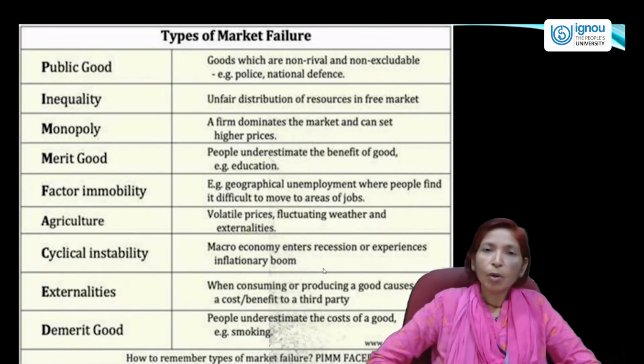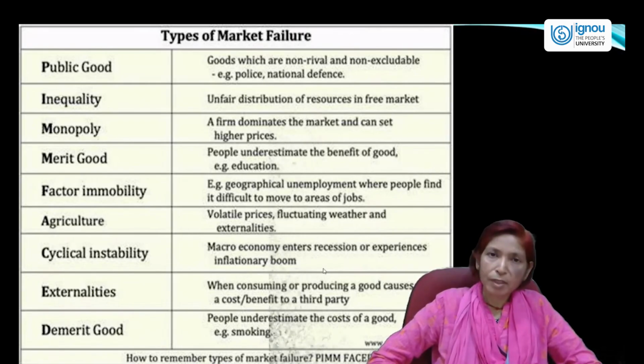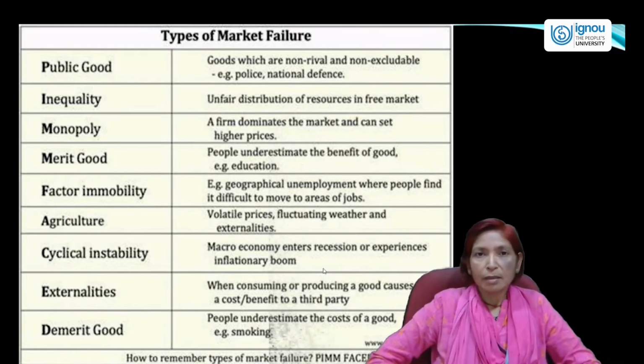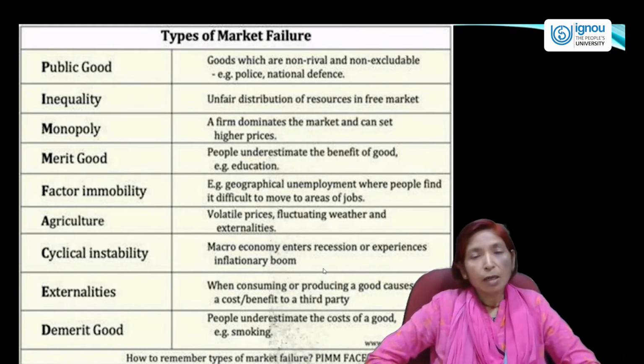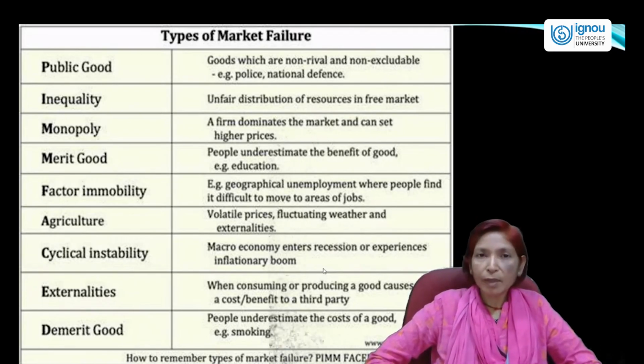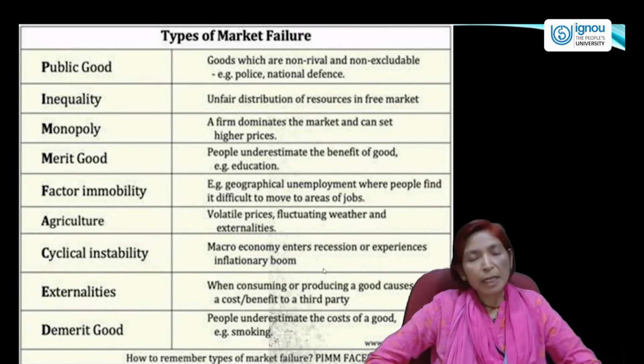In a monopoly market, the main goal of the single seller is to earn maximum profit, and there is no competition. That's why a monopoly firm or industry can increase or decrease the price level.